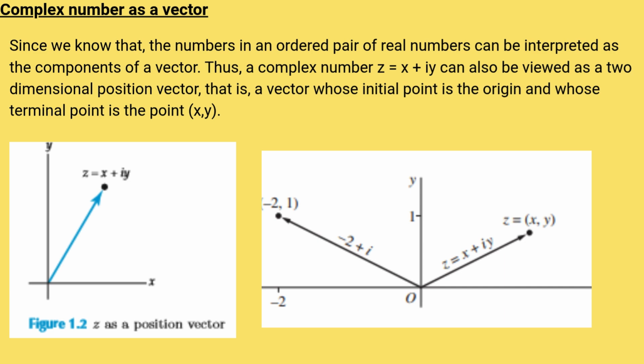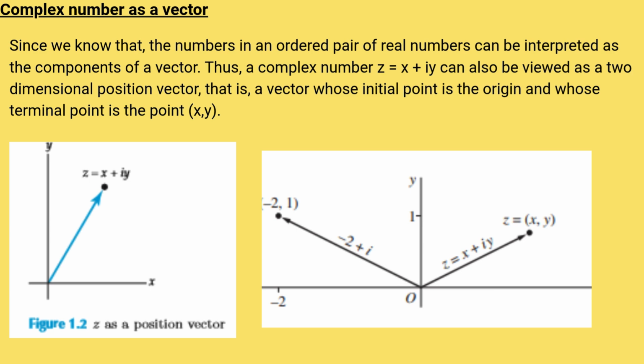So a complex number can also be viewed as a two-dimensional position vector, like this vector, that is, a vector whose initial point is the origin and whose terminal point is the point (x, y). So this position vector is representing a complex number x plus iota y.